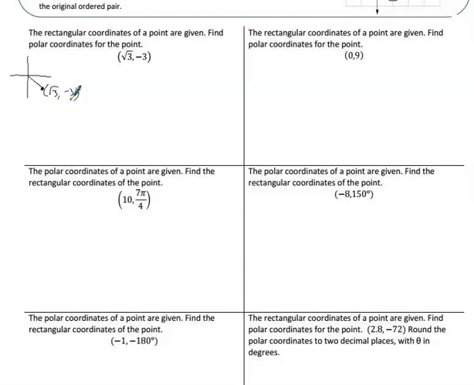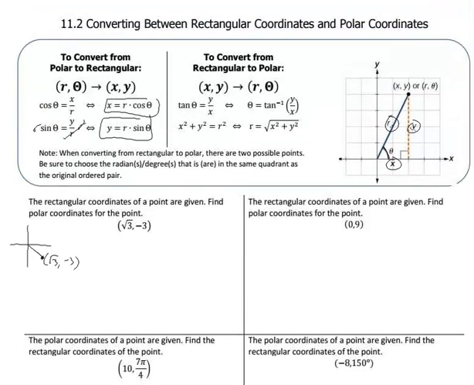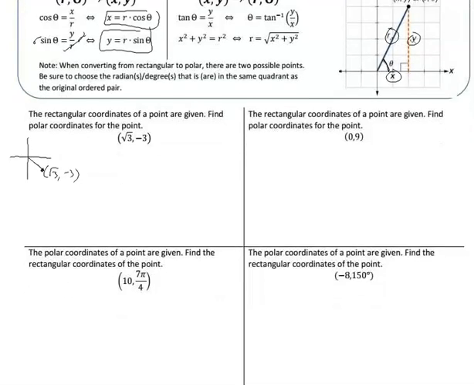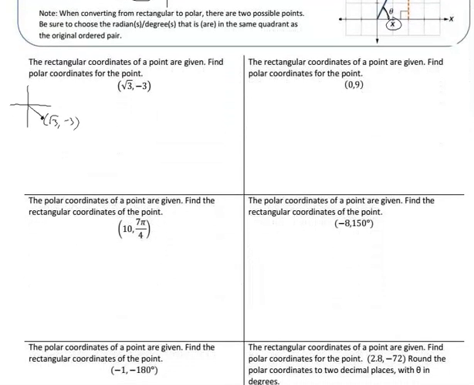Well, to convert from rectangular to polar, we're using this one. So theta is inverse tangent of y over x. Well, y was negative 3, x was square root of 3. Well, that's actually a value on the unit circle. We just do a little rationalizing here.